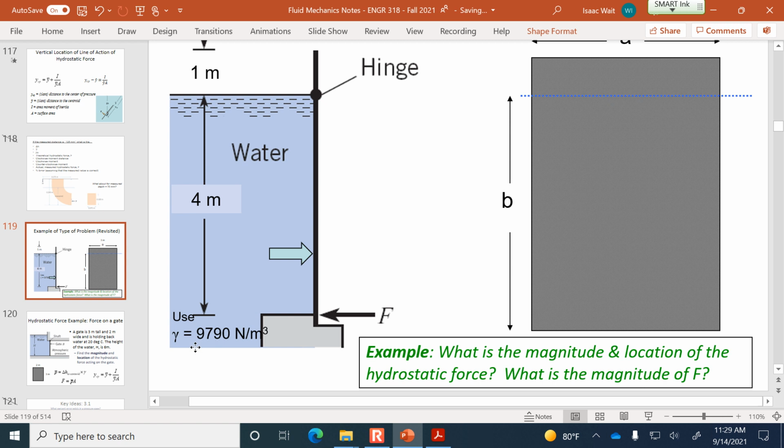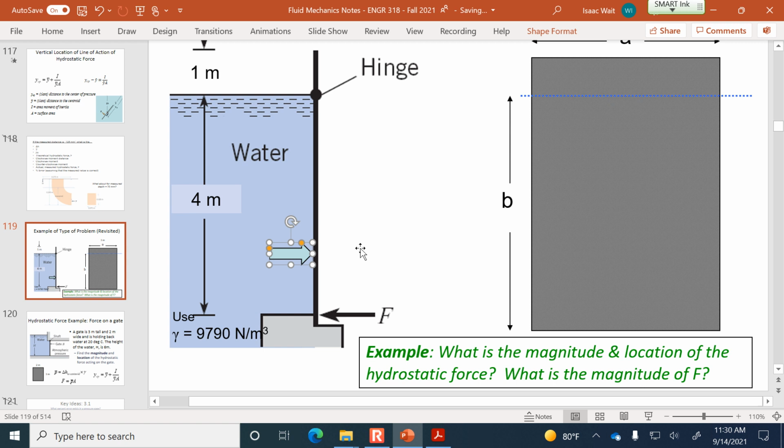So here's some force, and the magnitude is 234,960, and the location is 2.667 meters down from the hinge point. And we want to know what force F is required to hold the system steady so that the gate doesn't open and the water doesn't spill out.